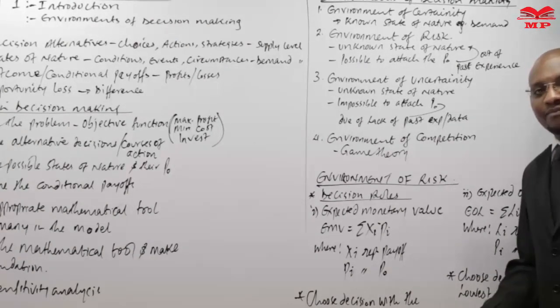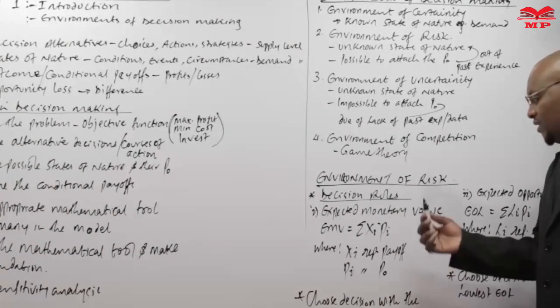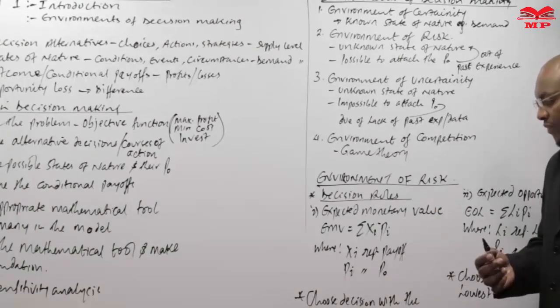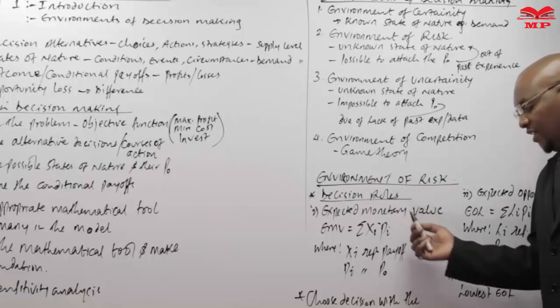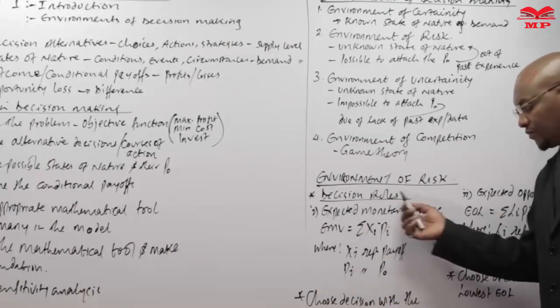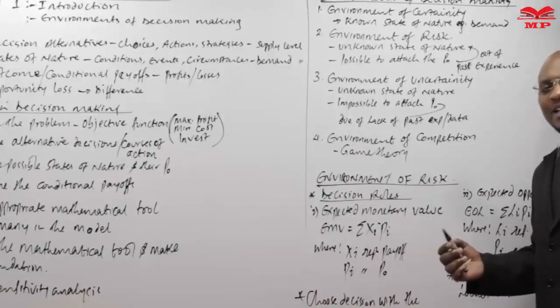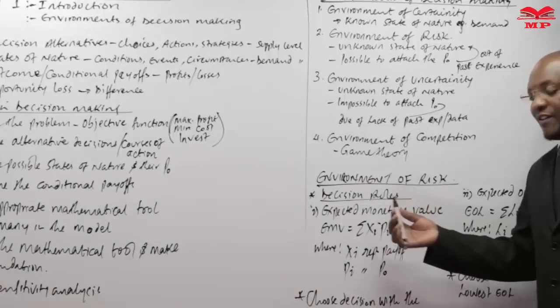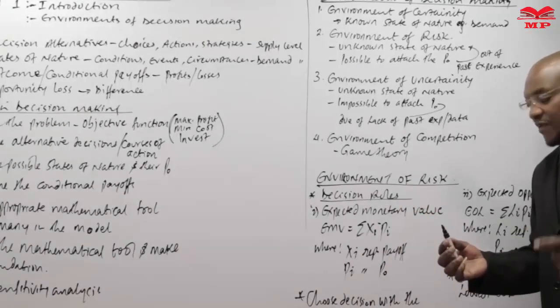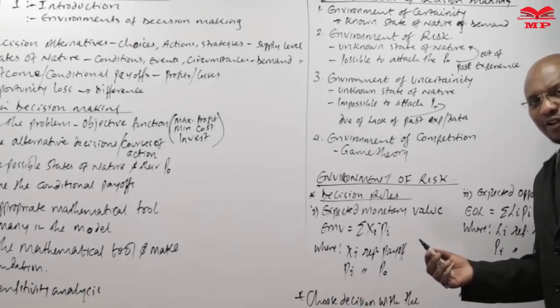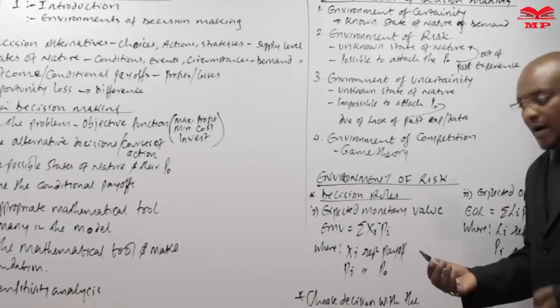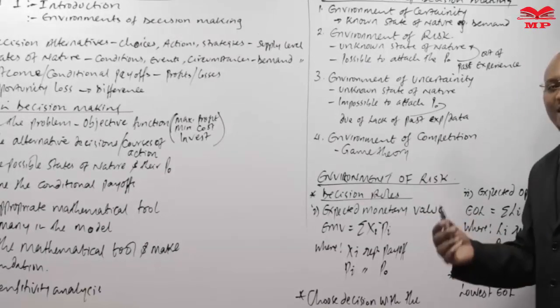Let me make it clear. We have the two, risk taker and risk averse. The risk taker does not care about the risk and therefore does not even need to measure the risk. But the risk averse has to measure the risk.